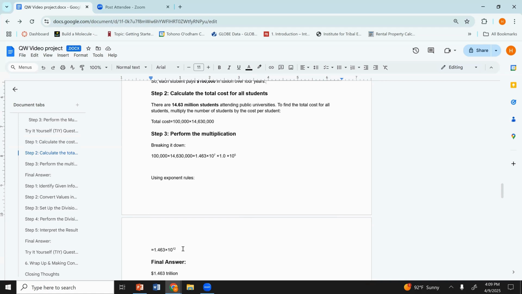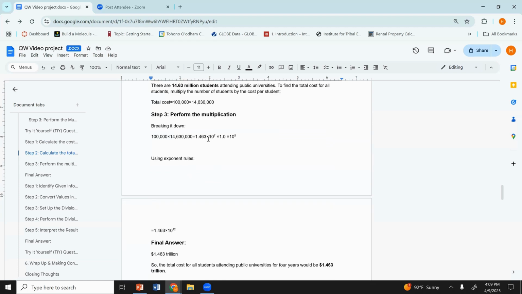That means the total we're going to get is going to be in trillions, because 10 to the power 12 is a trillion. You can also use your calculator right here to just do the calculation. 100,000 times 14,630,000. You're going to get the same answer.